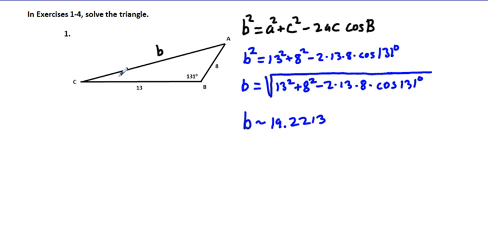And to do that, I recommend taking the smallest angle first, because in this case it doesn't matter as long as we're sure that angle is less than 90 degrees.